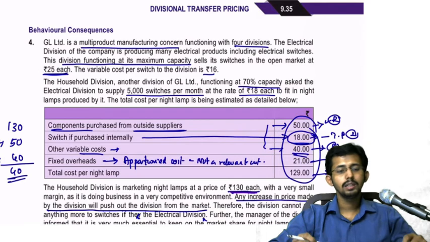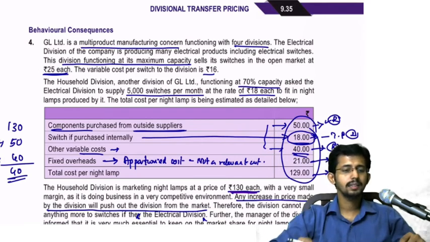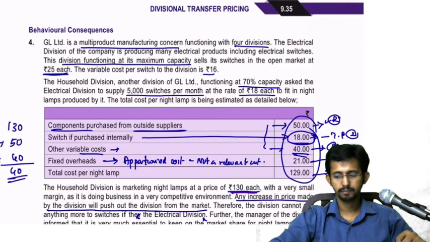Okay, so therefore the maximum amount that household division can pay is rupees 40 per unit.